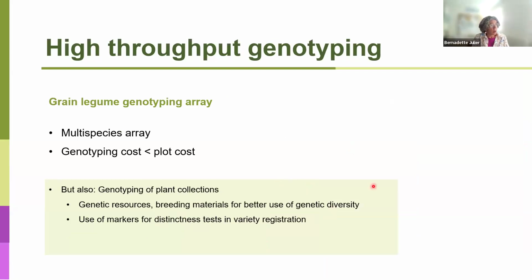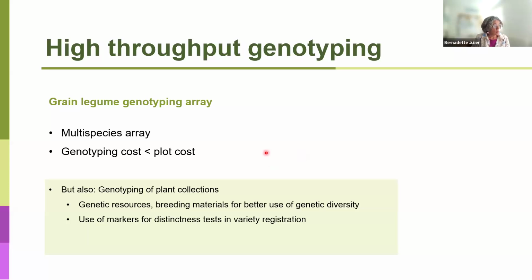We are also developing high throughput genotyping, and one key upcoming result is the delivery of a grain legume genotyping array. So it's a multi-species array. It's made to reduce the genotyping cost below the cost of a plot.